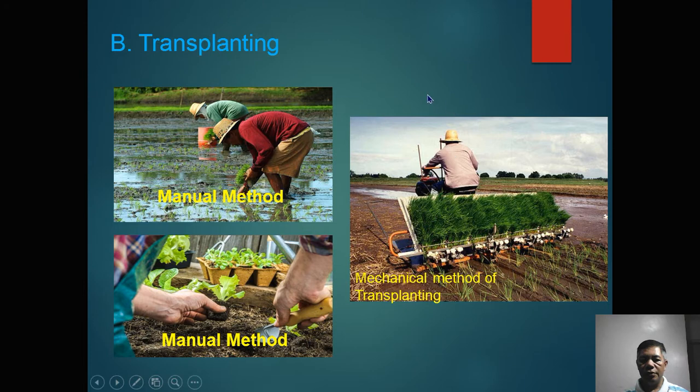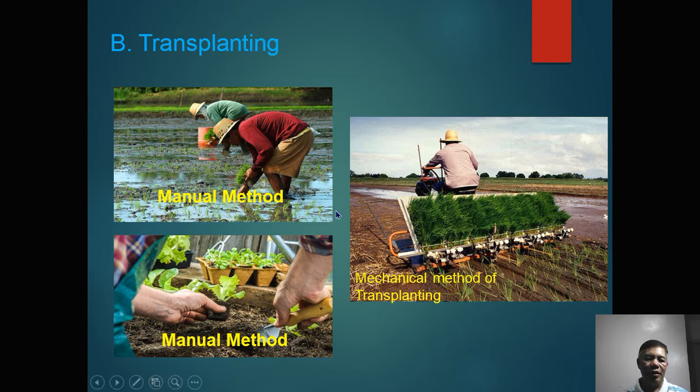There are two subtypes of transplanting, or shall we say schemes or techniques. We have the manual and the mechanical method of transplanting.